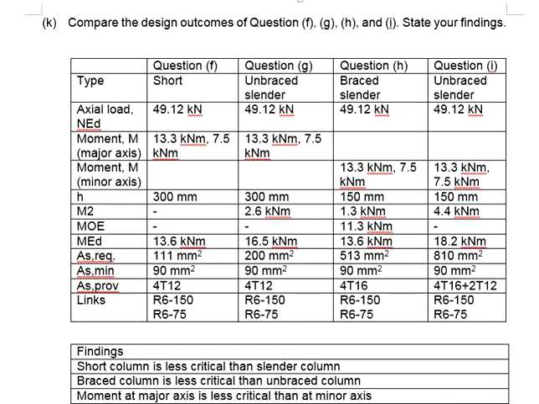This may seem to be complicated, but the principle is simple. For a typical rectangular column, we look at the direction of the moment, whether it is acting in the major axis or the minor axis. If the moment is acting in the major axis, the h will be the larger width of the column.